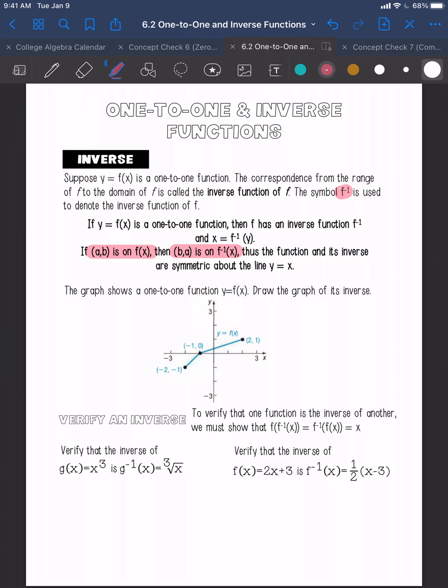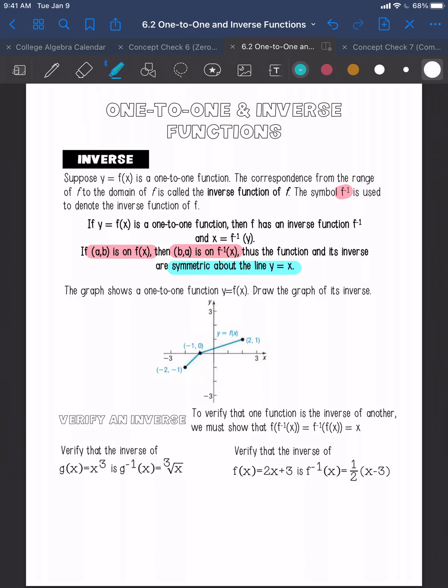So the domain of the original function becomes the range of the inverse, and the range of the original function becomes the domain of the inverse, and that is always true. And the inverse is symmetric about the line y equals x. So we're going to use that fact here to draw the graph of an inverse.